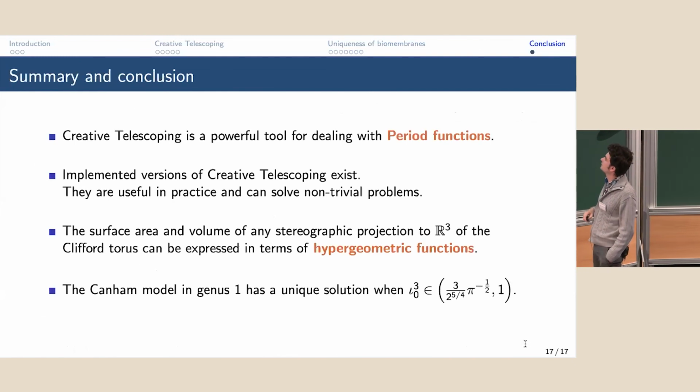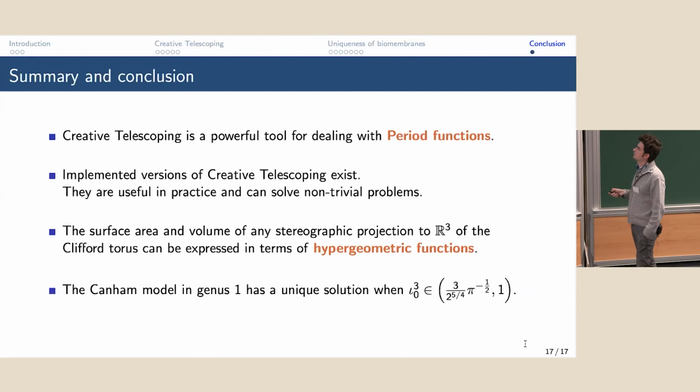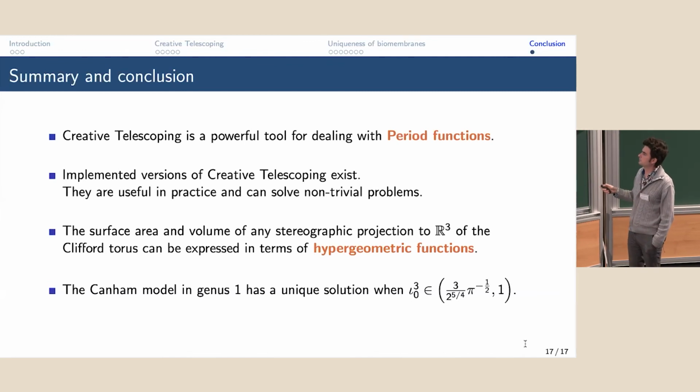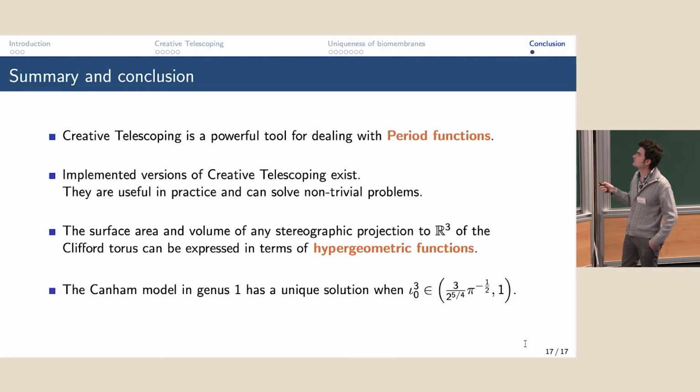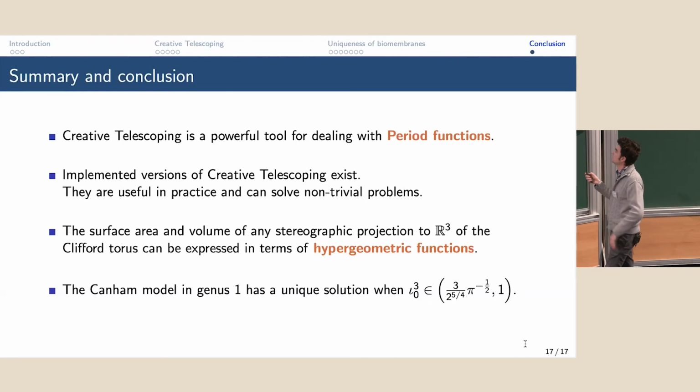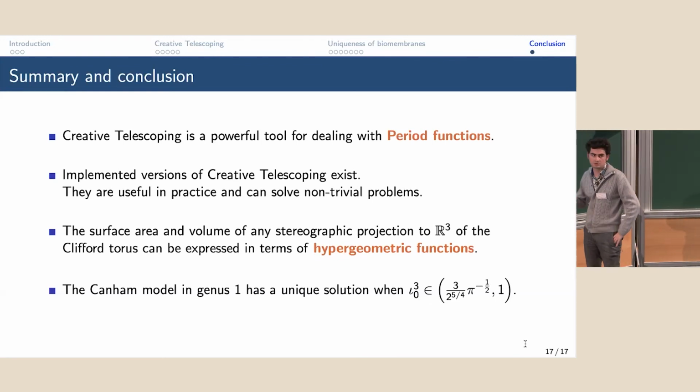So let me now come to the conclusion. I have 2 points in the conclusion about creative telescoping and 2 about the part after. So first I want to say that creative telescoping is a very powerful tool for dealing with period functions or diagonals.